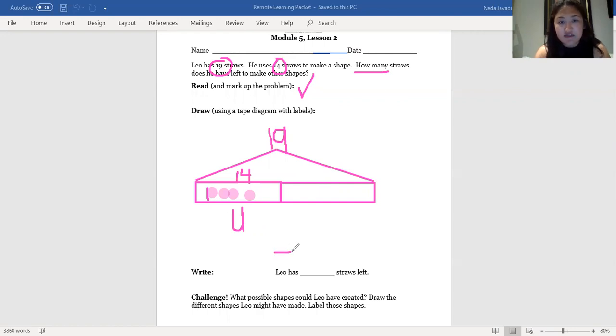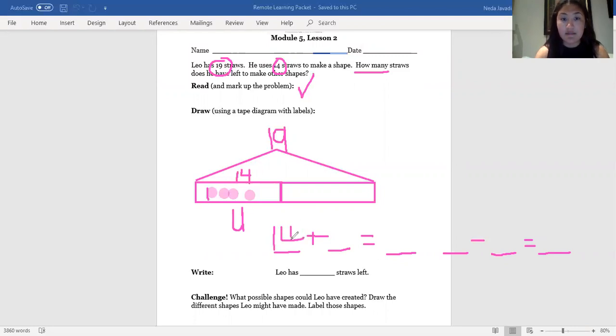Let's write a number sentence that's going to help me solve this problem. For this problem, you can use either an addition or a subtraction number sentence. I'm going to use both of them on my page so that you can see what they are. For the addition number sentence, we are going to start with our part, which is 14, the part that we know.